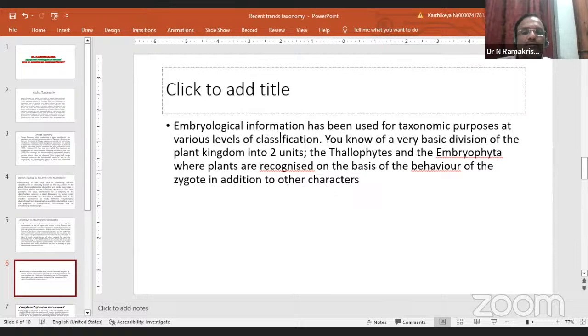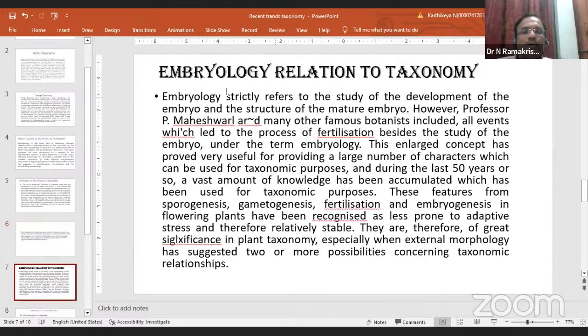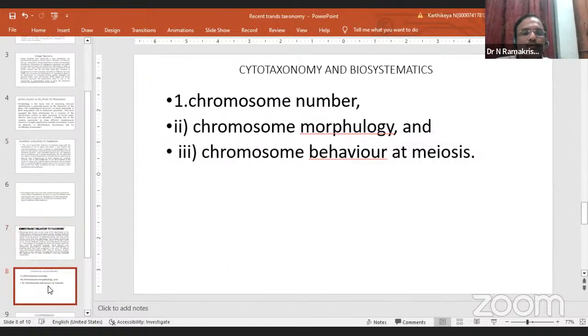Embryology in relation to taxonomy. Embryology means pollen grains, male reproductive organ structures, and embryo, endosperm, and so many such things. That is embryology.